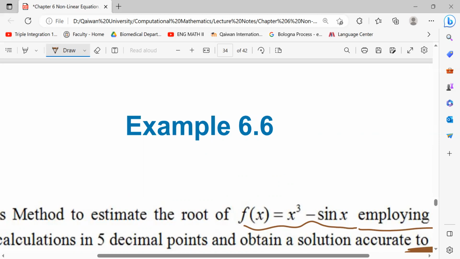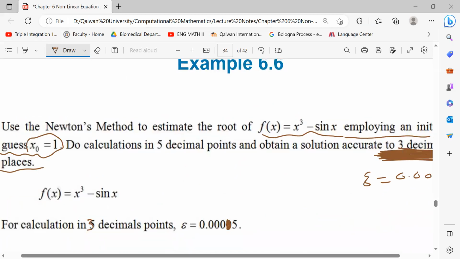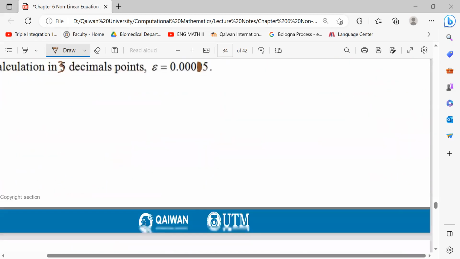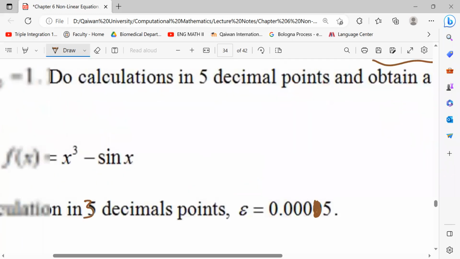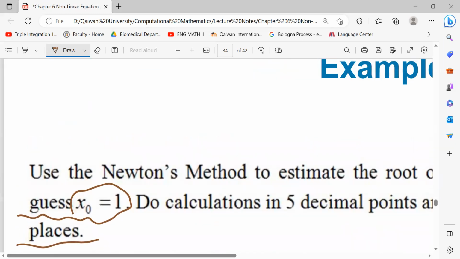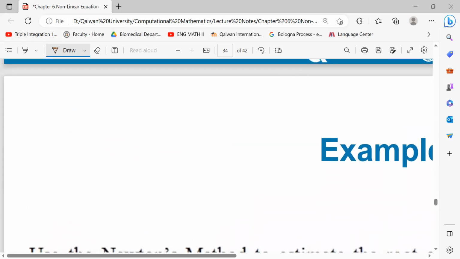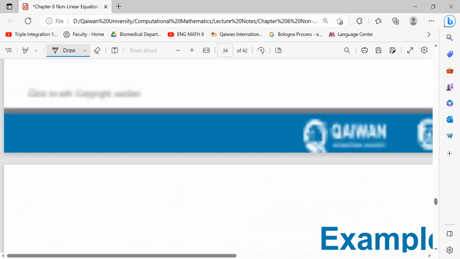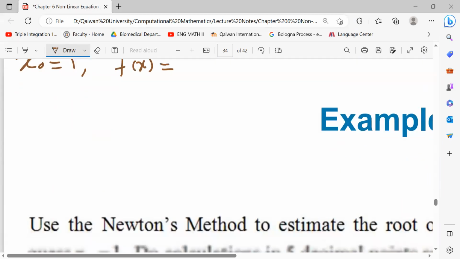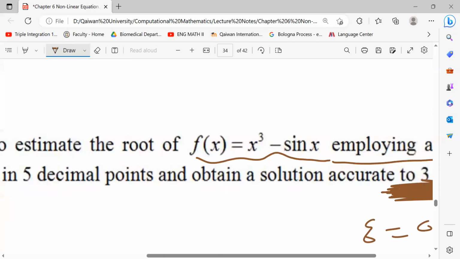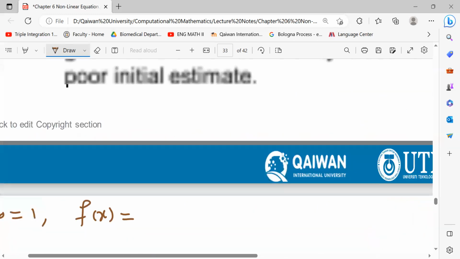Epsilon here is 0.0005. Now, to solve this, we work on only 1 point. Let's write down all the given information. It says x naught is 1, and the function f of x is x cubed minus sine x.